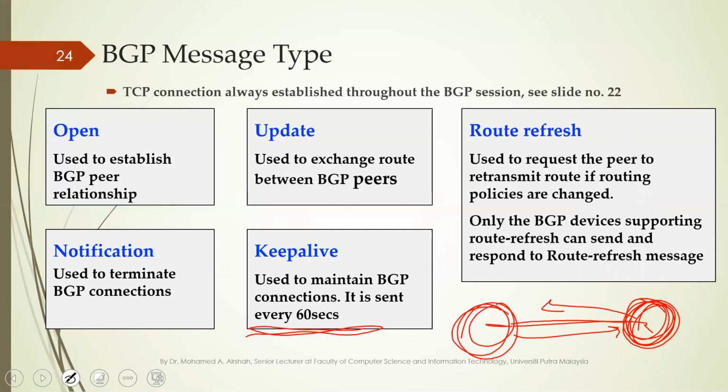Only BGP devices supporting route refresh can send and respond to route refresh messages. So this is a feature. If the router doesn't support this feature, it's not going to send or receive this kind of message.